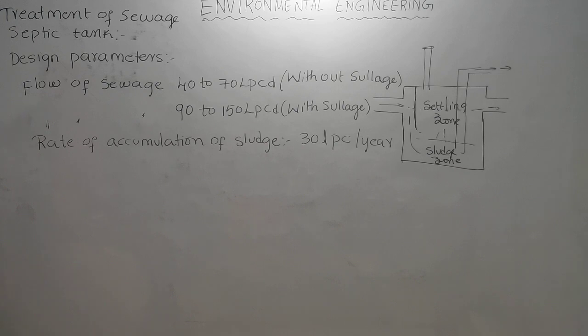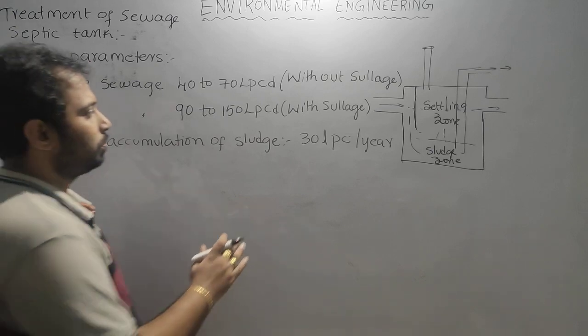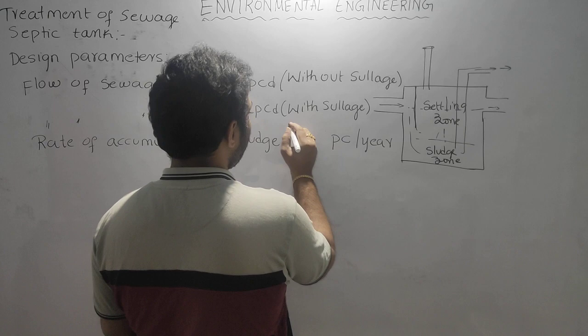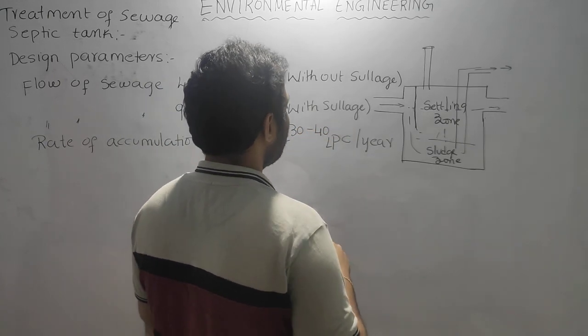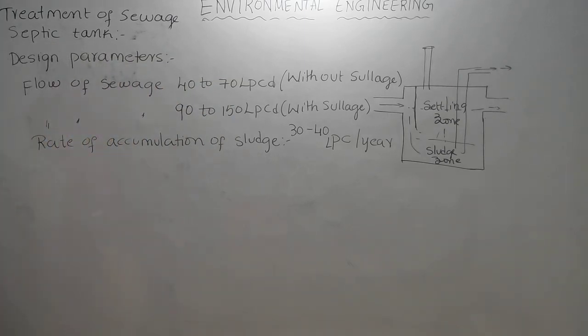So that is the sludge production, approximately 30 to 40 liters per capita per year.